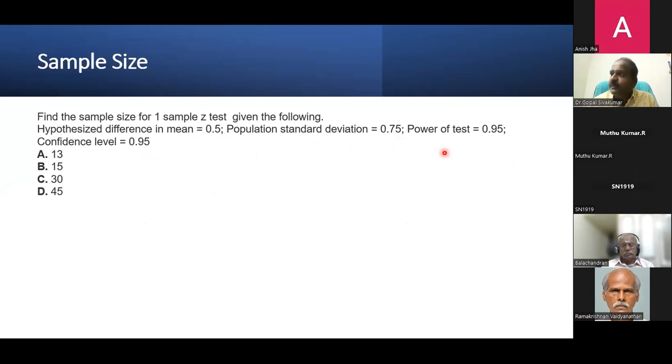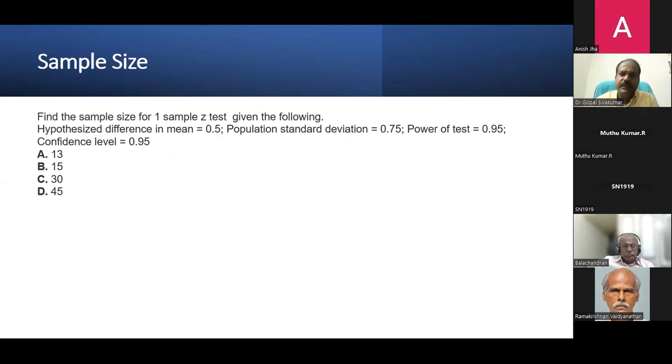Power of the test is 0.95. Confidence level 0.95. What is the minimum sample size so that you can validate this difference? All of you understand the scenario? What should be the minimum sample size you should have so that people can believe you: yes, there is a difference in the average of 0.5.